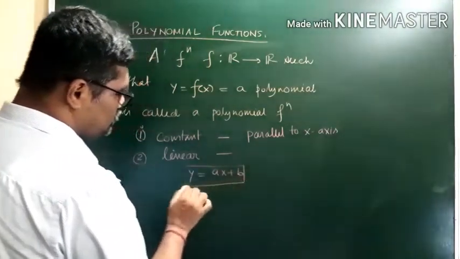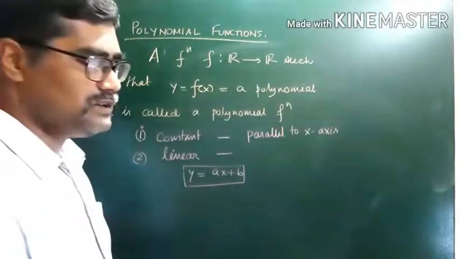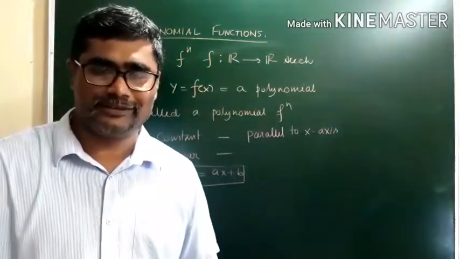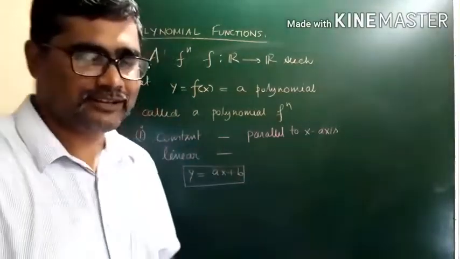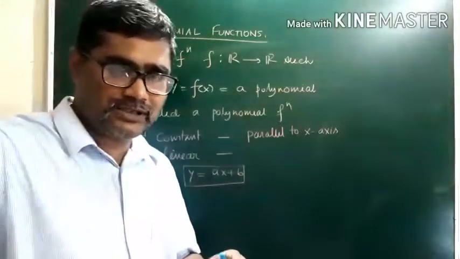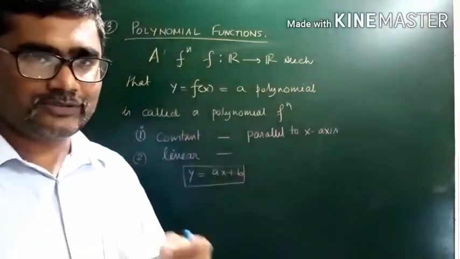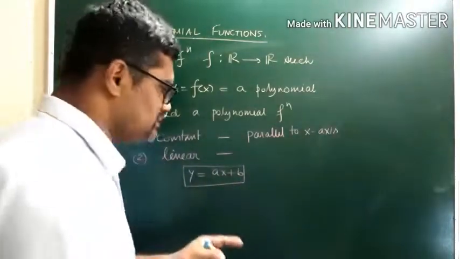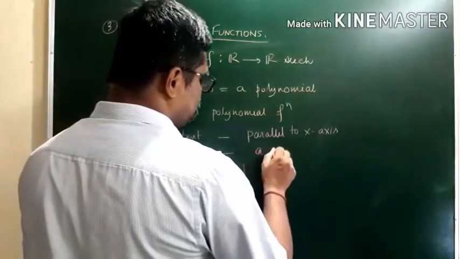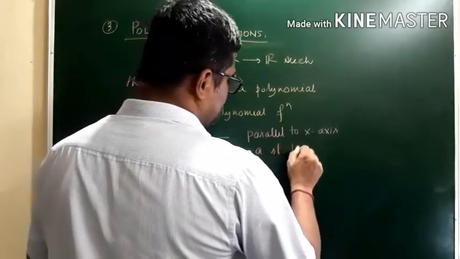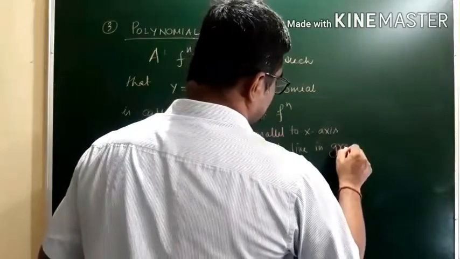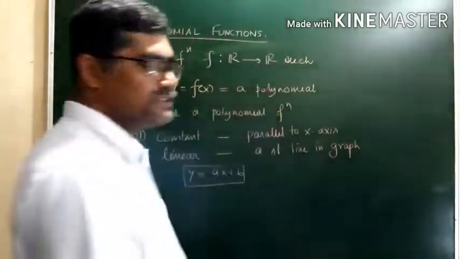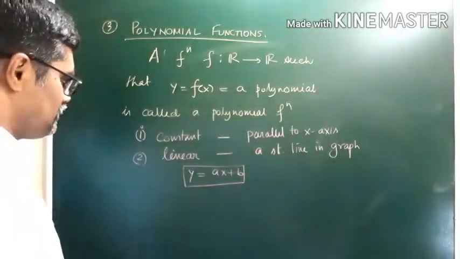So what you remember from this is actually a linear equation in two variables. So if you draw the graph of this, what will you get? A line you will get. You don't know whether it is parallel or perpendicular to the x-axis or y-axis. It may be inclined, right? So it is a straight line. In a graph, a linear polynomial will always represent a straight line.